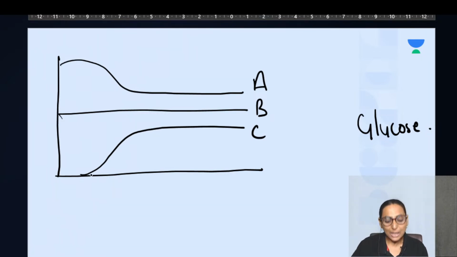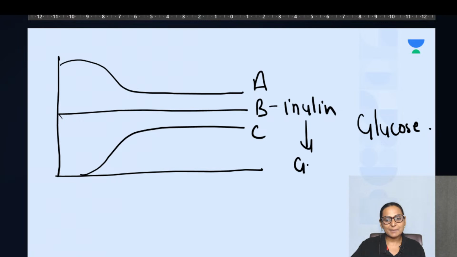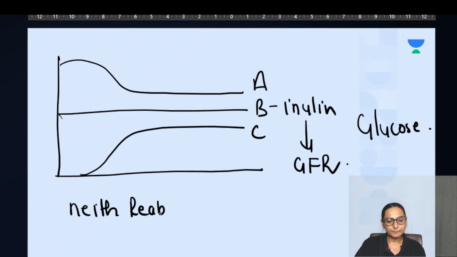Right. Now you see B is actually of inulin, which is same as that of GFR because it is neither reabsorbed nor secreted.